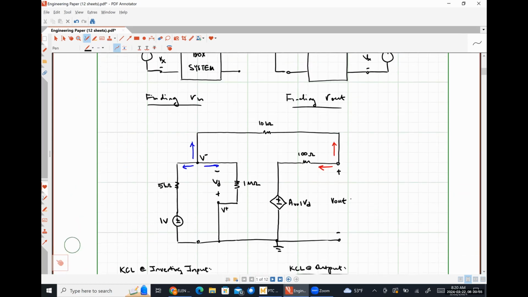Notice that the ratio of our external resistors, 10 kiloohms divided by 5 kiloohms, is approximately 2. That's where that value comes from. The larger my open loop voltage gain is, the closer those resistors will be to providing all of the closed loop voltage gain. That's another property of negative feedback.